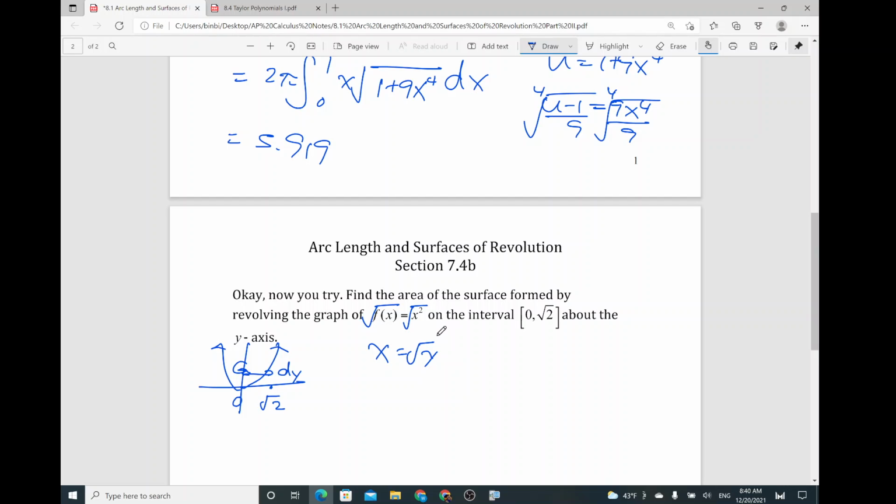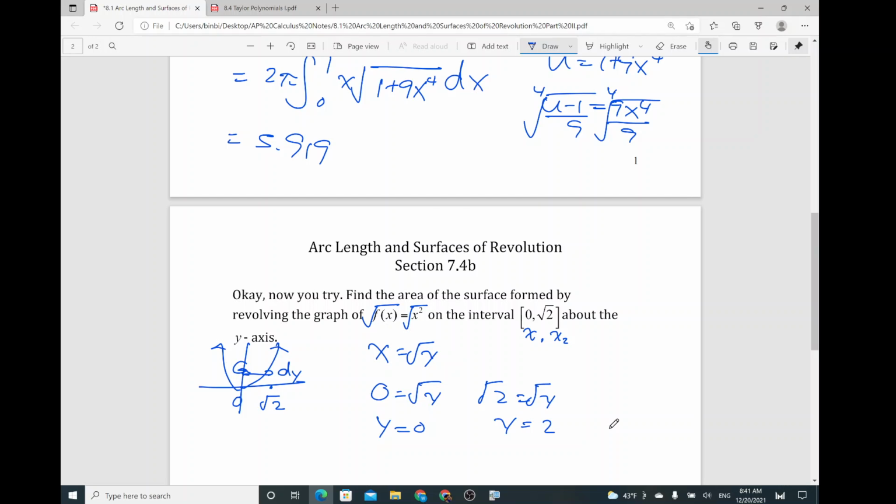Another thing we need to do is change the boundary, because this one is given as x values, x1, x2, or a and b, so change that to the y value. So 0 equals root y, so y equals 0. And then root 2 equals root y, so y equals 2.